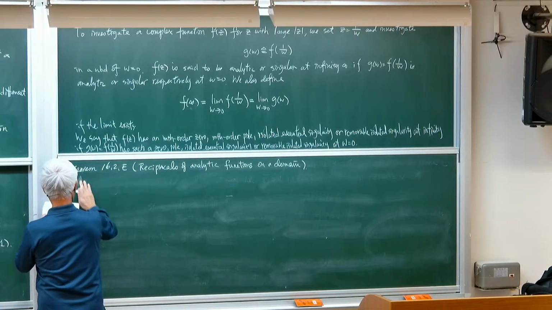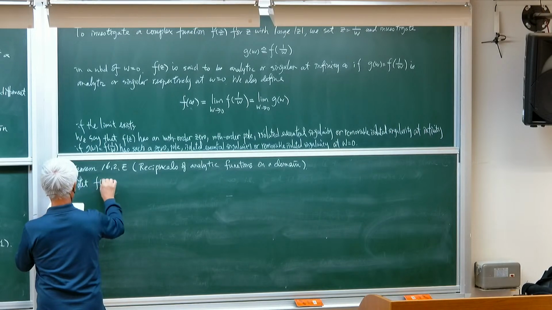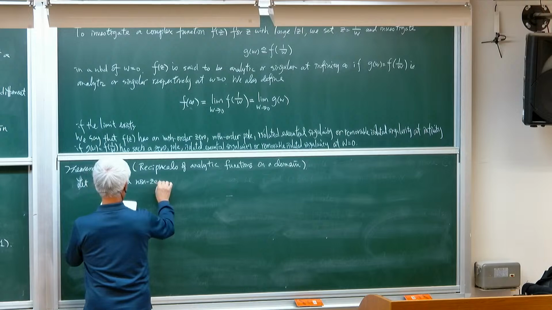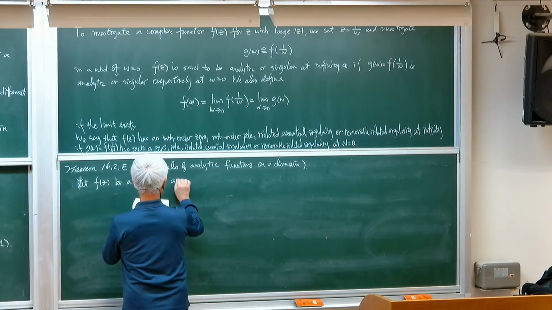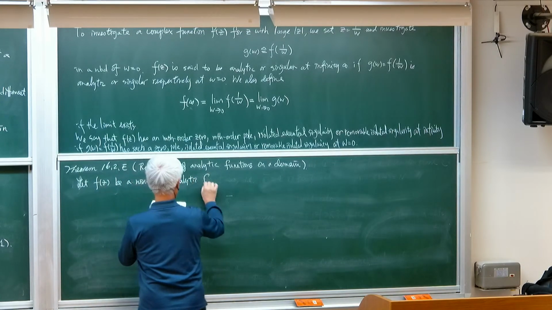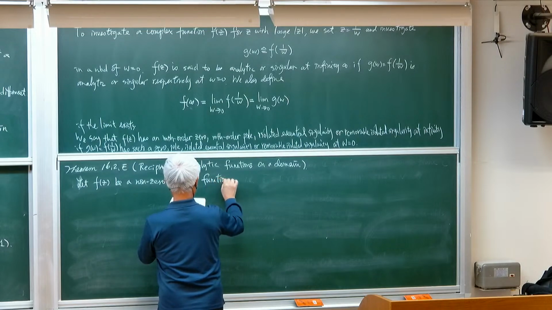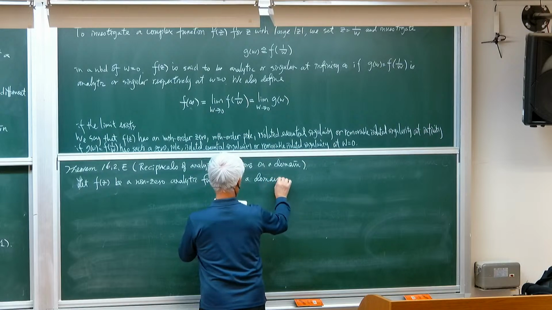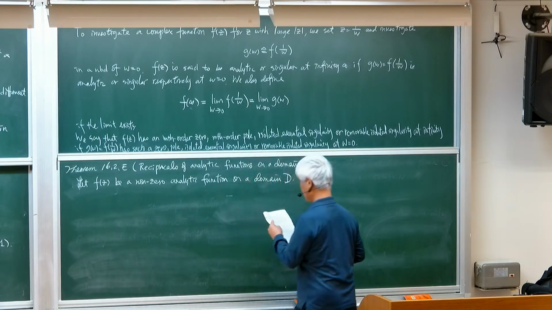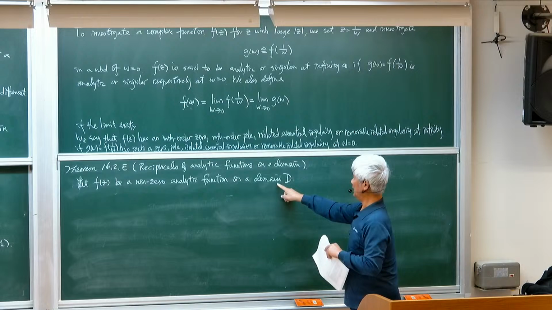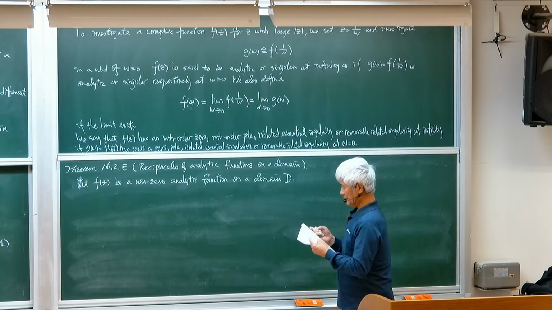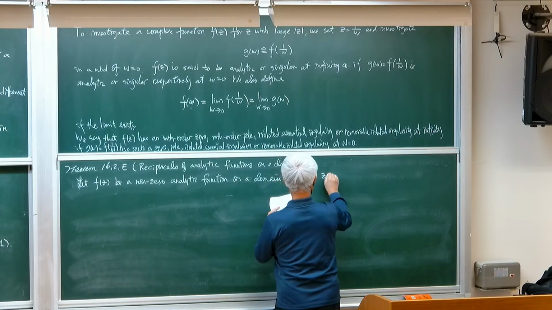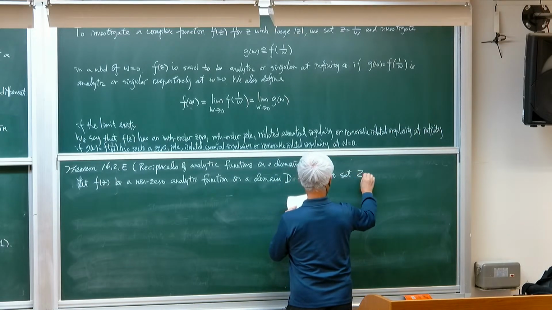Let f(z) be a non-zero analytic function on a domain. Remember, a domain is a special kind of open set, which is an open connected set. And with zero set Z.